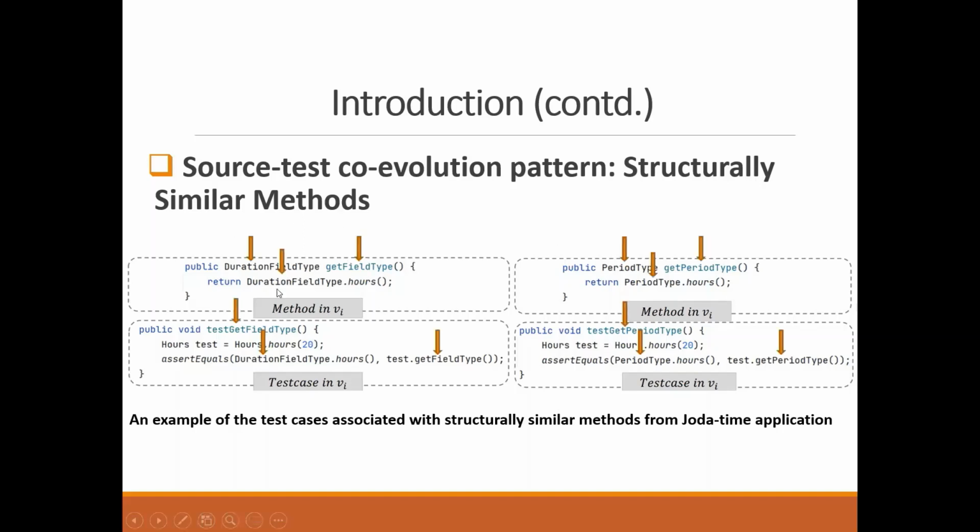Like we can see from the arrows, instead of duration field type, we have period type here. Instead of get field type, we have get period type. And we can also observe from their test cases that they only vary at the value level.